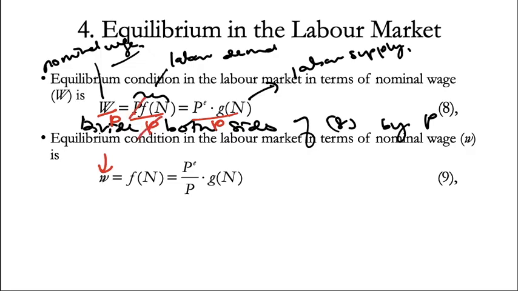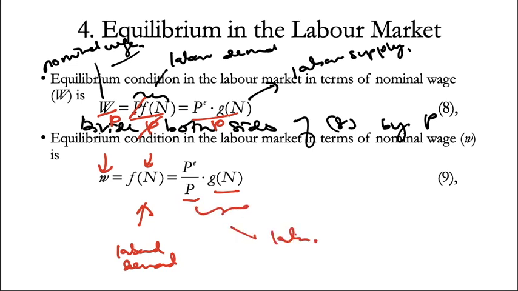P cancel, you are left with Fn. This you have this and this. So this one is labor demand. This one is labor supply in real term in equilibrium position. This is equilibrium position in nominal term. This is equilibrium position in the real term.